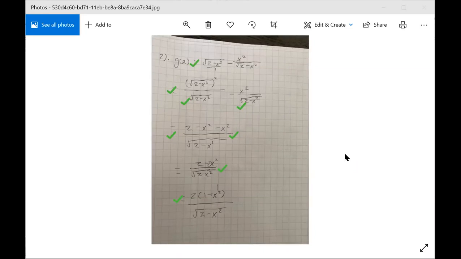If g of x equals 0, the denominator cannot be 0, so the numerator must be 0. So let's proceed. If g of x is 0, then what? It's just 1 minus x squared is going to be 0.